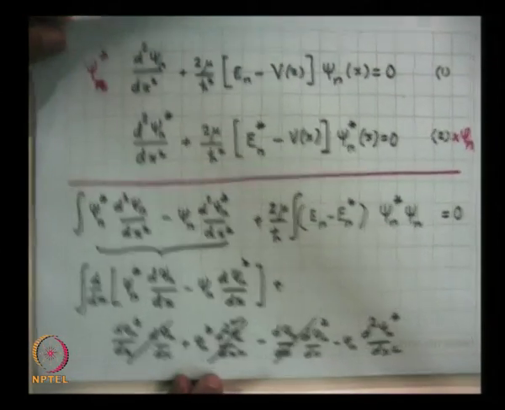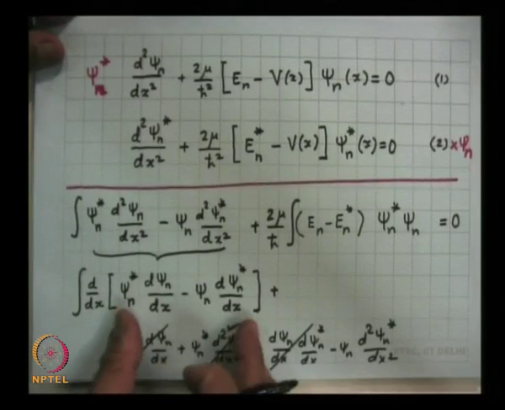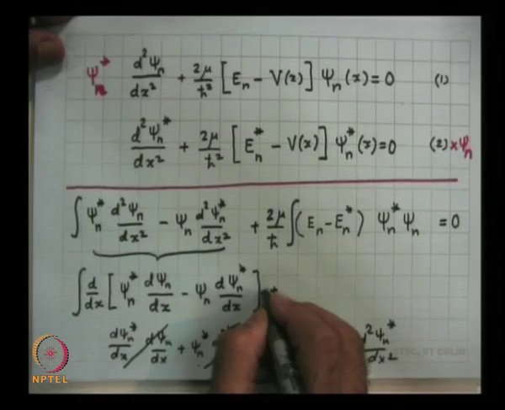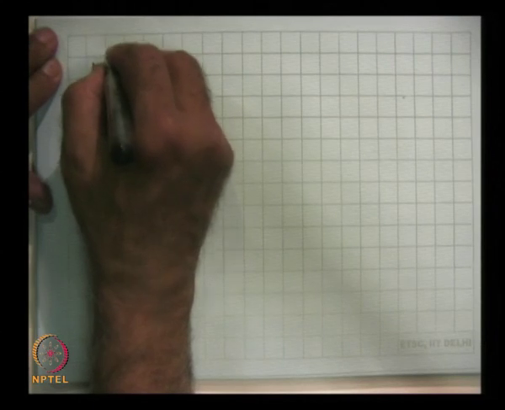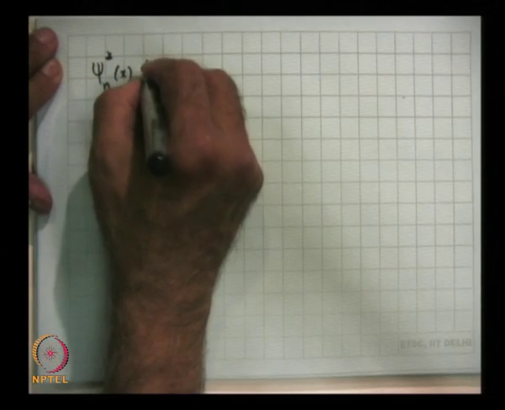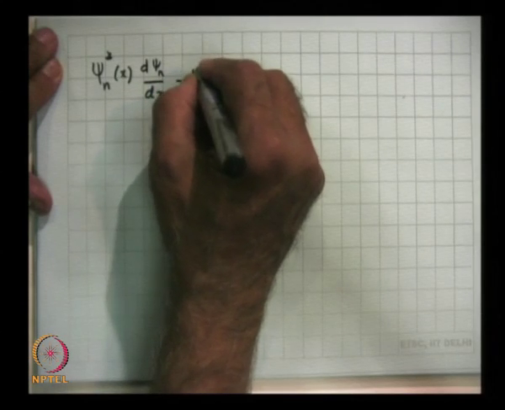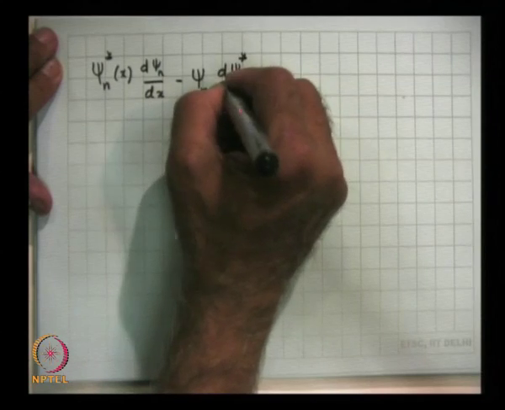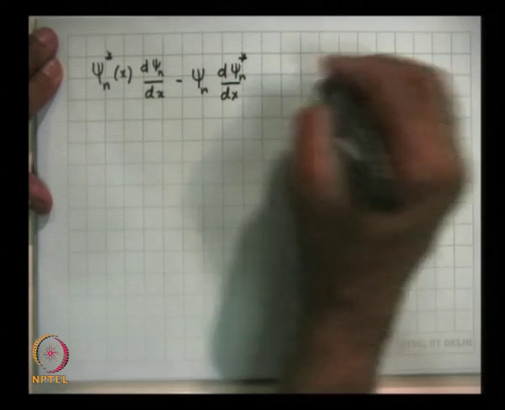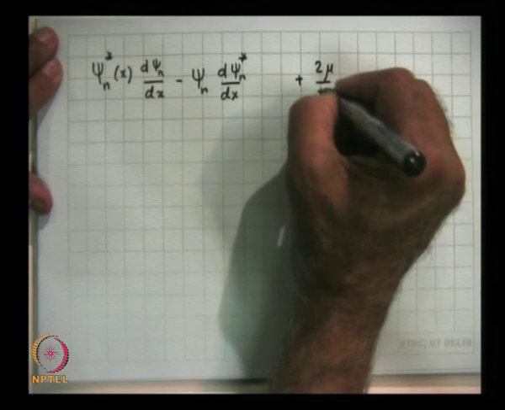If I integrate a total differential of a quantity multiplied by dx, of course, we will get psi n star of x d psi n by dx minus psi n d psi n star by dx, this plus 2 mu by h cross square.